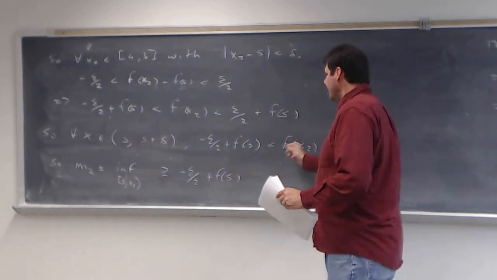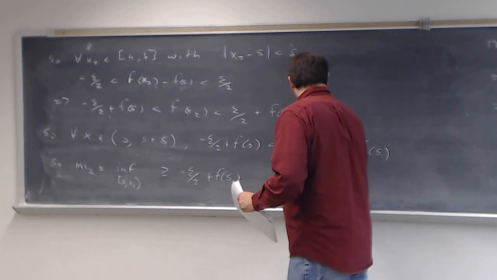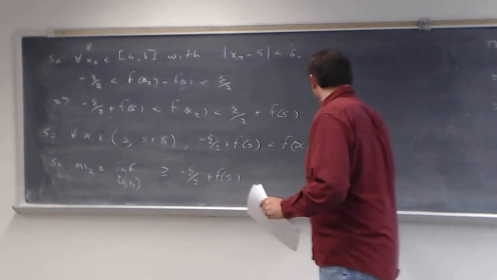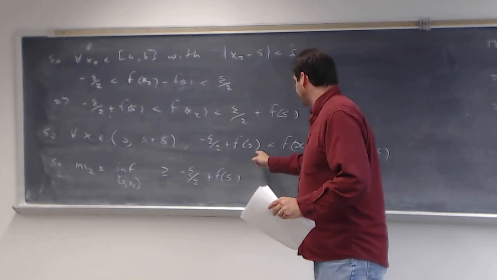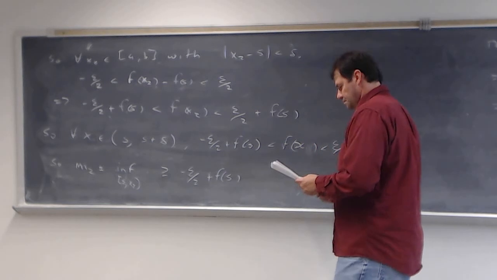Look, for all the x's in here, we have this result. And so if you take the infimum of these, it's definitely going to be bigger than or equal to this, which is the lower bound.